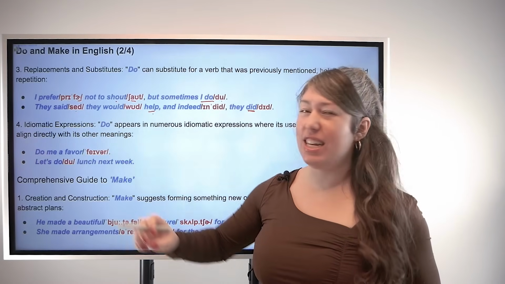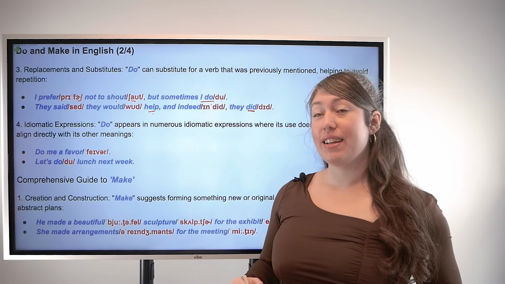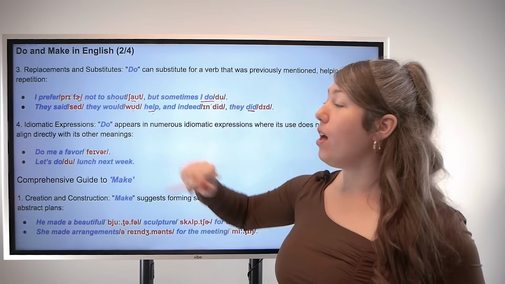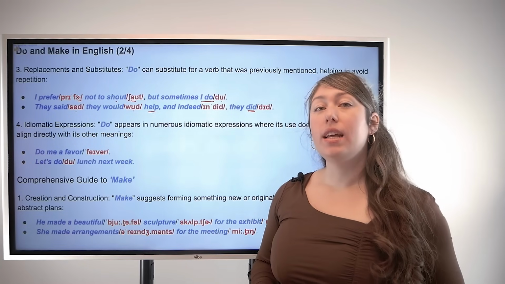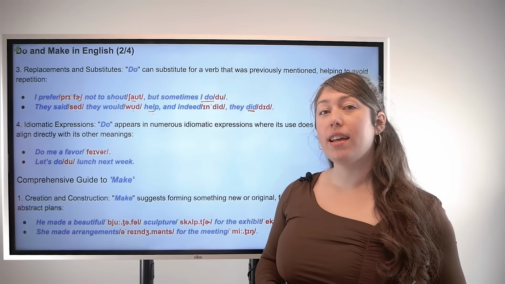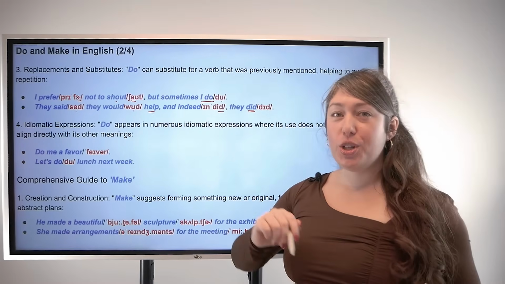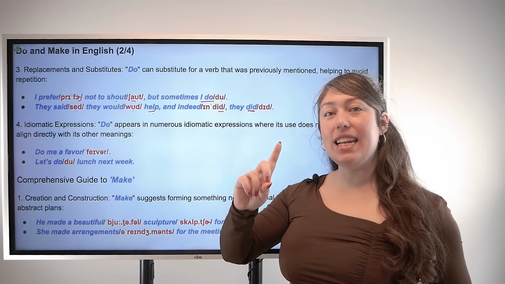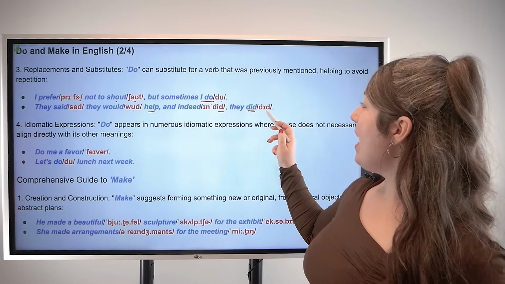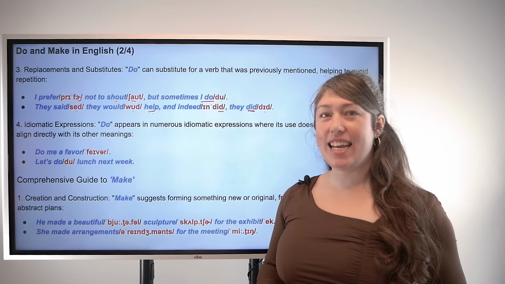And said, not "sayed," said. Would, we don't say the L sound. Would. Very good. And indeed, we stress the second syllable. Indeed. And did. It's not died, it's did.